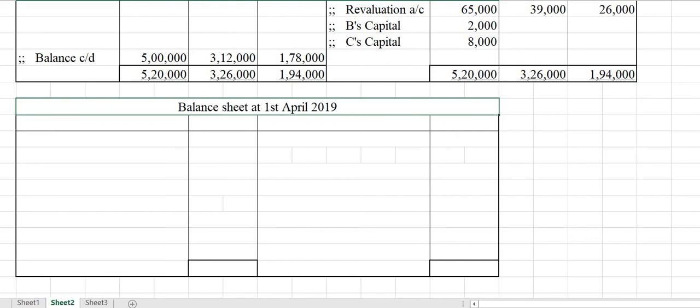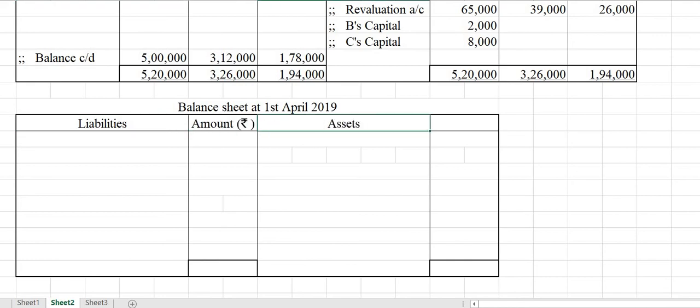Let us see then the preparation of the balance sheet. We are going to prepare the balance sheet as on 1st April 2019 after the change in the profit sharing ratio. So liabilities amount, assets amount. Okay, then first asset we can write, which is given, land and building.